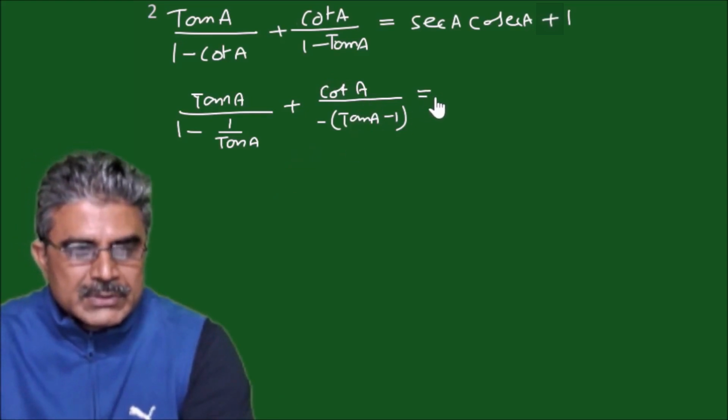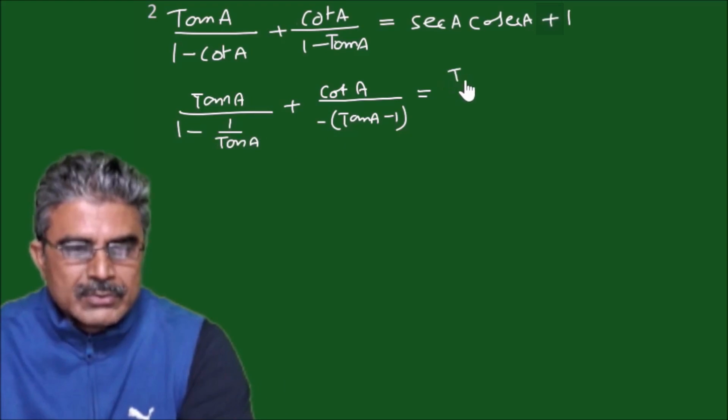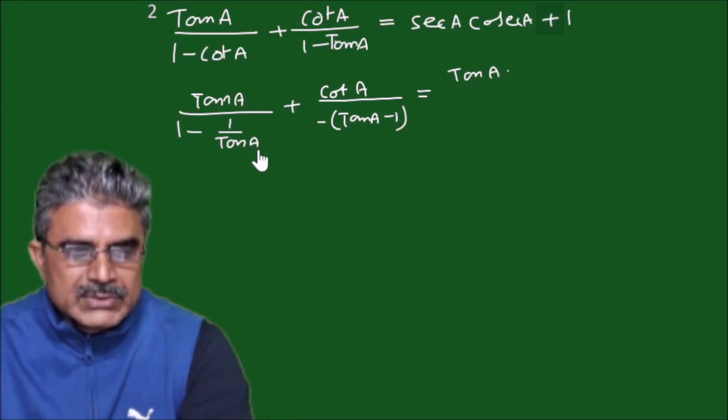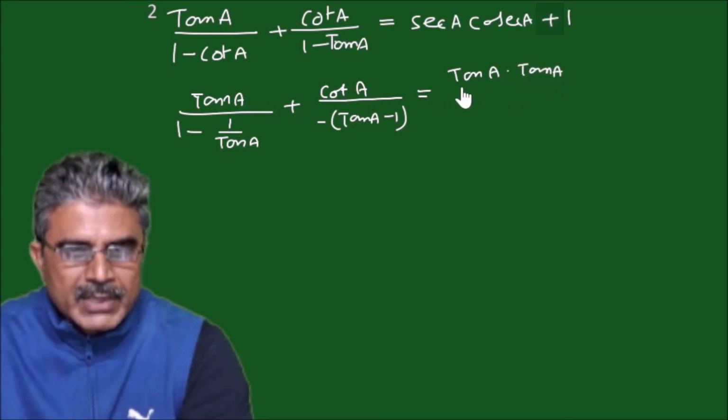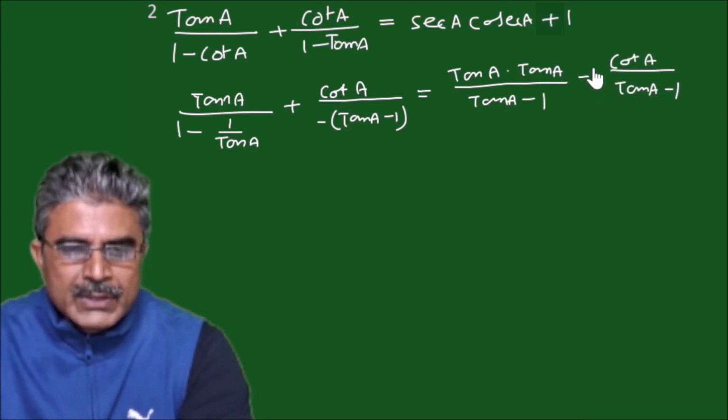So by taking LCM and reciprocation, you will have tan A into this, tan A will be reciprocated to the top, so you will have tan A on the top, divided by this is tan A minus 1, and here minus cot A divided by this is tan A minus 1. So how did we get minus?